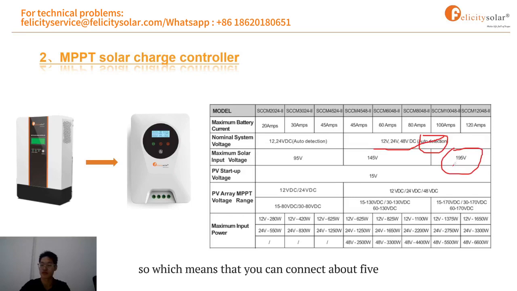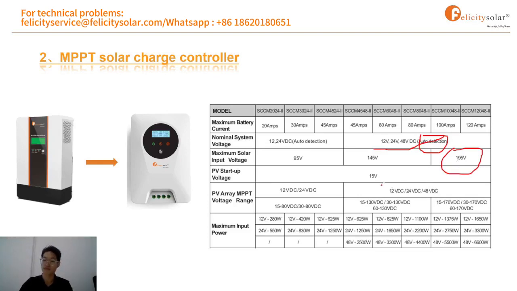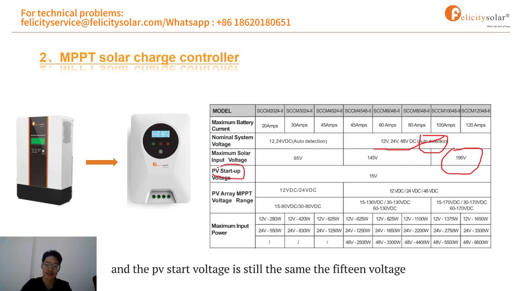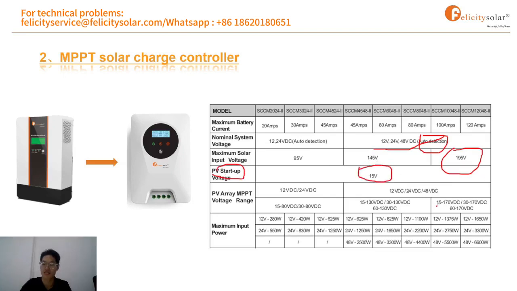Which means that you can connect maybe 4 in parallel, 4 in series. And the PV start voltage is still the same, the 15 voltage.